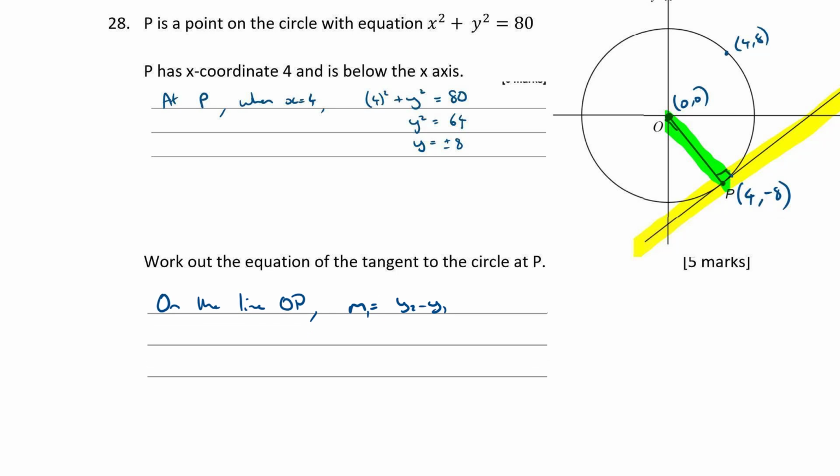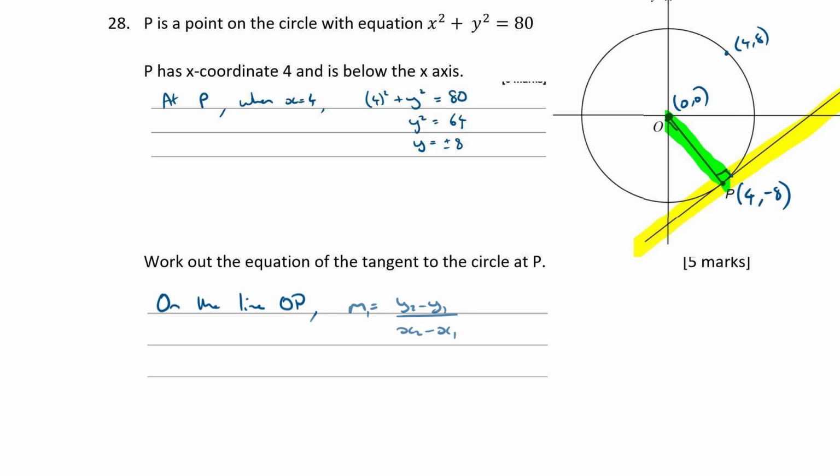It's y2 minus y1 over x2 minus x1, where x1, y1 is your first coordinate and x2, y2 is your second coordinate. So my first coordinate, x1, y1, is going to be this one up here, and this is going to be my x2, y2.